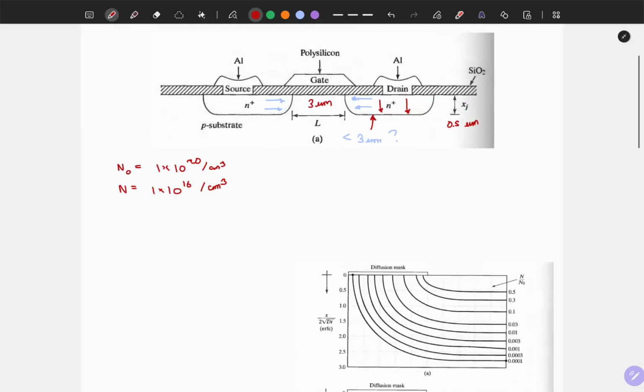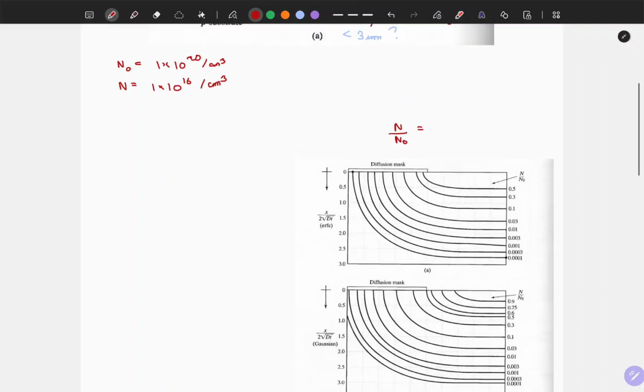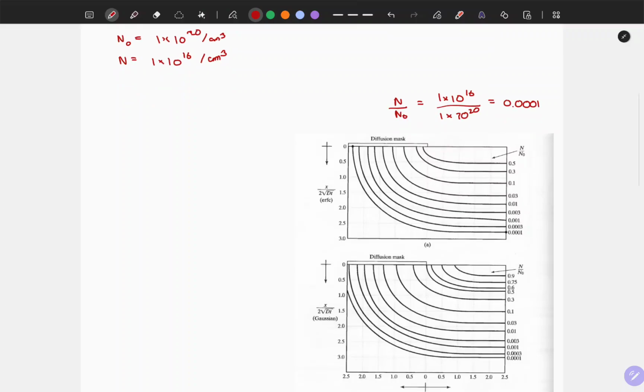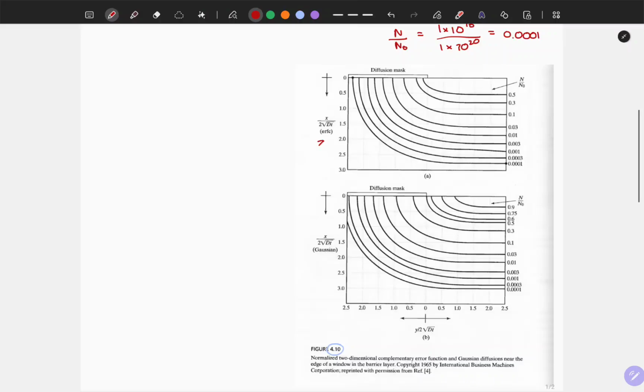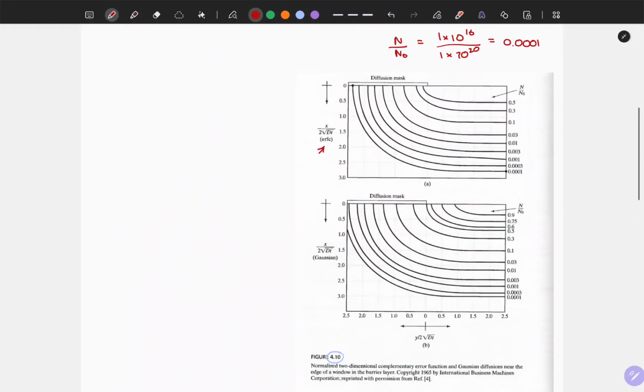Cool. So we have N over N naught equal to 1 times 10 to the 16th over 1 times 10 to the 20th, which is equal to 0.0001. So we have a constant source diffusion, so we use this graph, right?